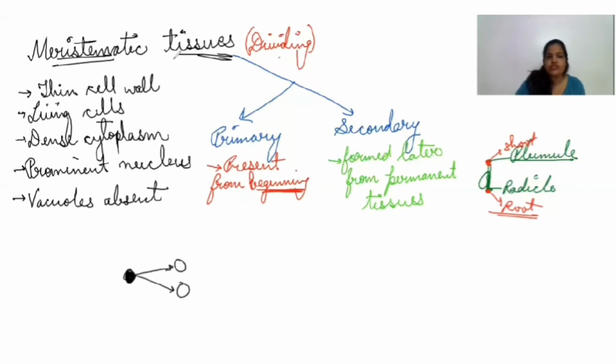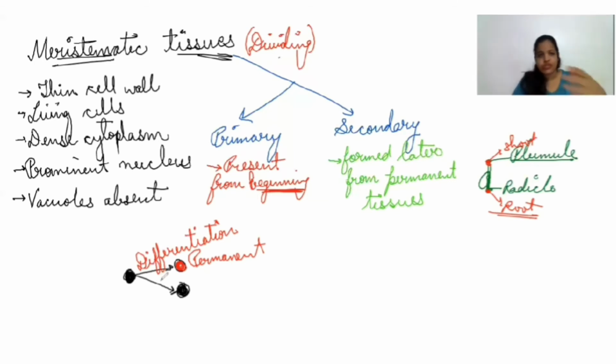Now, out of these two cells, one will still have the division capacity, but another one will lose its division capacity and will become permanent, by the process known as differentiation. We have discussed this before in this video itself. Remember these things because they will be used later in this chapter and they are important also.